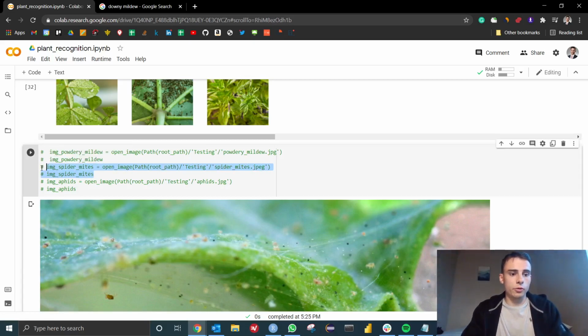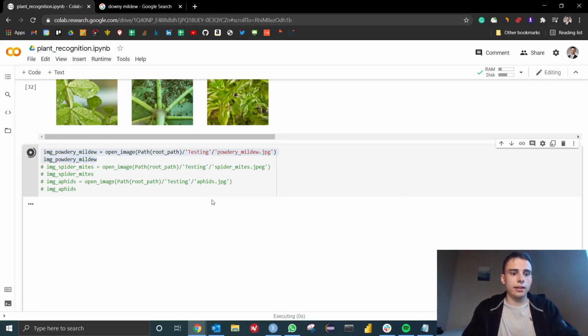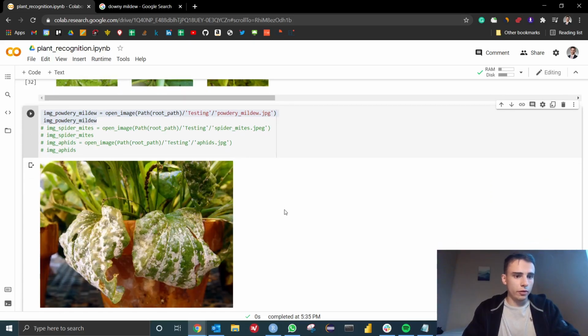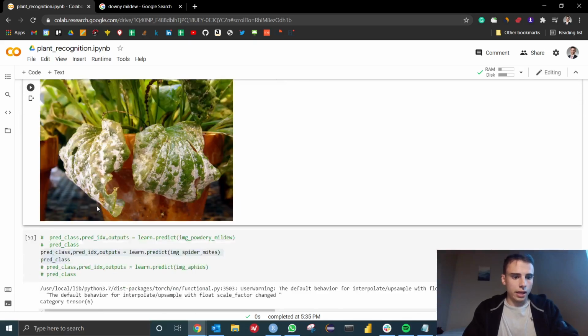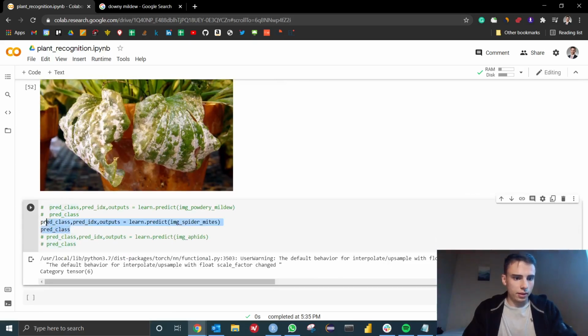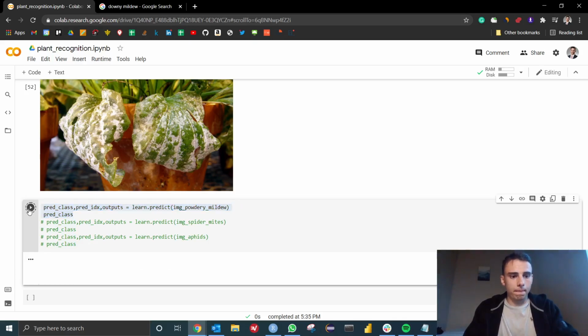That's what we're going to do right now. I'm going to uncomment this and take a look at another image of powdery mildew that hasn't been used to train the model with, and see if the machine learning model actually correctly identifies powdery mildew here.